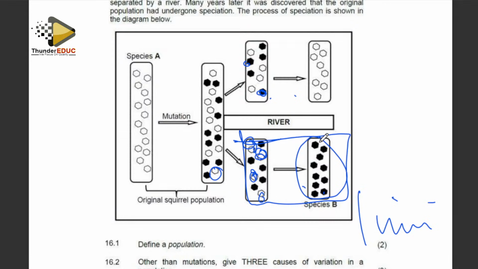Bring them, mix them. If they can't interbreed to produce a fertile offspring, therefore they are new species. Bring them, mix them. If they can't do that, then automatically they are different species. Yes, so that's what it means.